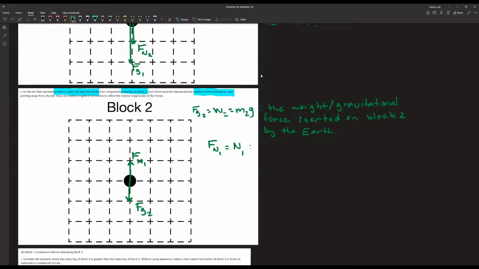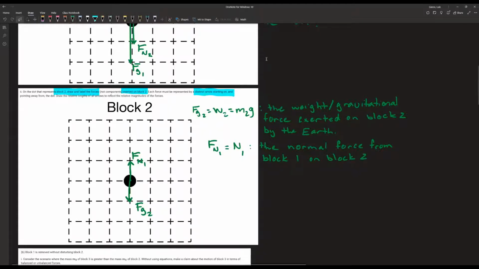This would represent the normal force from block 1 on block 2. And you don't need to put these labels here, but I personally think it's handy to do that just to kind of keep track of everything.